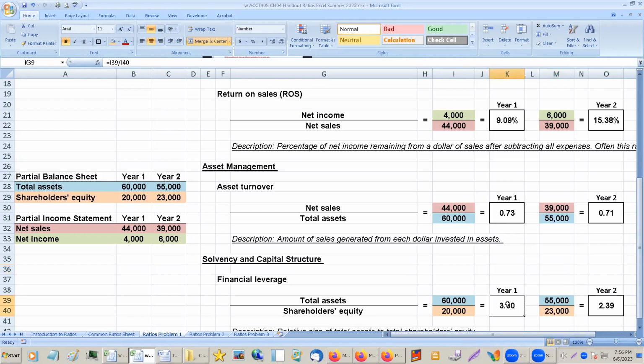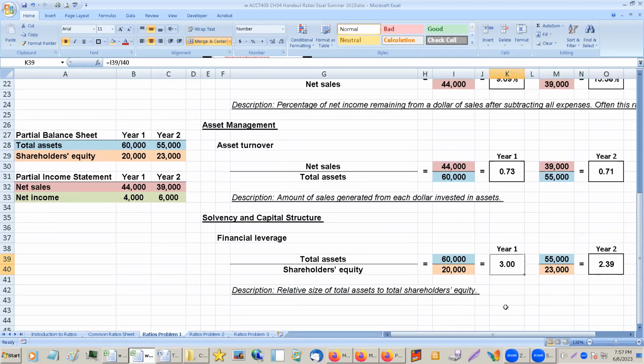Now, assets on top means you want this to be higher. Usually it's a more secure company if it's higher. They drop down. But here's the wacky thing about this whole assets to equity thing.